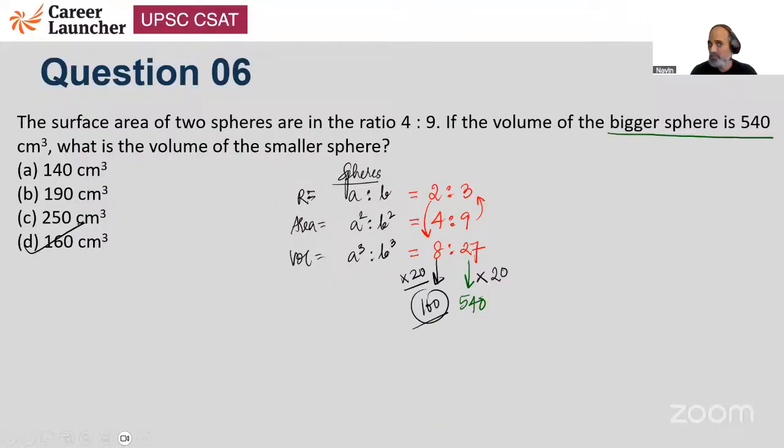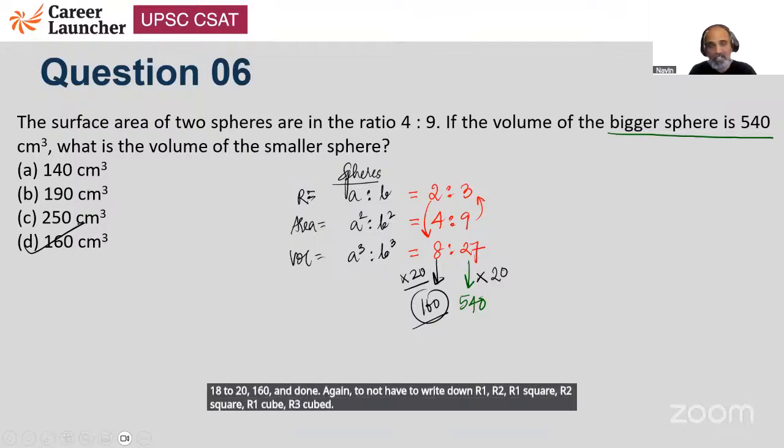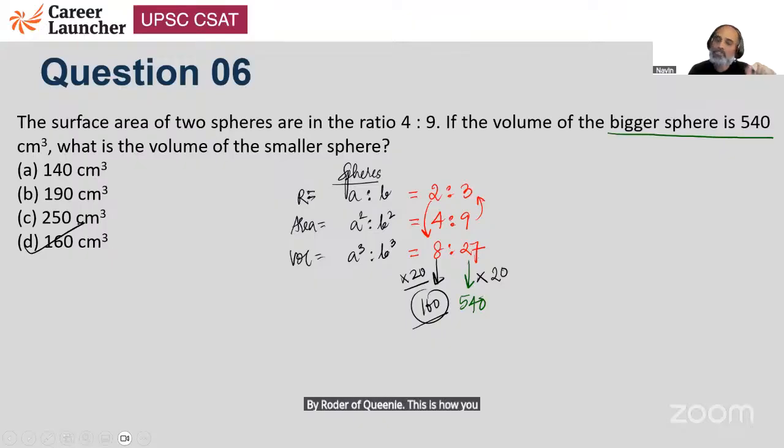Again, you do not have to write down R1, R2, R1 square, R2 square, R1 cube, R2 cube. Pi वगैरह कोई नहीं. This is how you solve questions on similar figures. Suppose instead of spheres, if the question was about cubes, answer यही रहेगा.